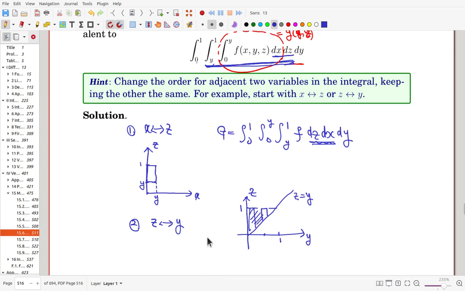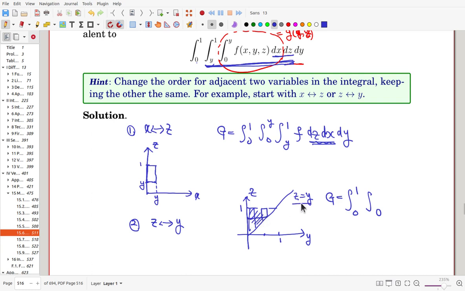So from this, the innermost one is fixed as a function, and the given integral can be written in this way. Now we have to access this region horizontally. z is moving from 0 to 1. For each z, y is moving from the bottom, 0, up to z.